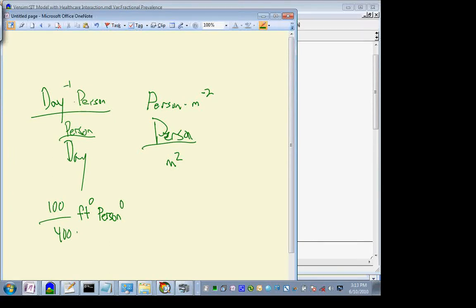Person to the 0 power. It's not depending on that. And I could add in, for that matter, day to the 0 power, right? So when you have a quantity, mathematically, if you have a quantity that has like 2 to the 0 times 5 to the 0 times 7 to the 0 or something like that, what does this evaluate to?